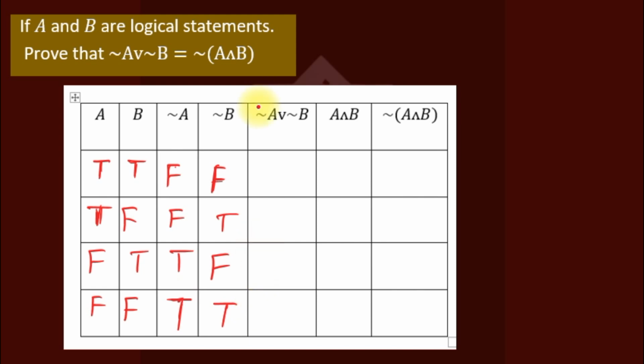So we have negate A, that's negative of A or negative of B. So see negative of A, see negative of B. But remember, for this to be false, both of them must be false. As you can see, both of them are false.